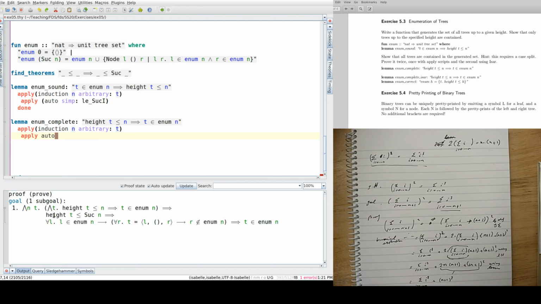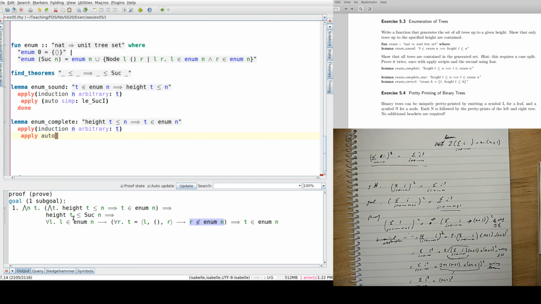We have that if some left subtree is an element of enum, and then for any tree that is equal to this left subtree and any right subtree, the right subtree will not be a member of enum. Okay, but remember that from the induction hypothesis we will have that both subtrees L and R will be in the enum, because the induction hypothesis will apply to them, and accordingly we will have a false in our assumptions.